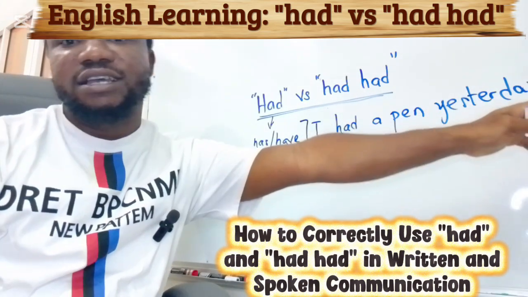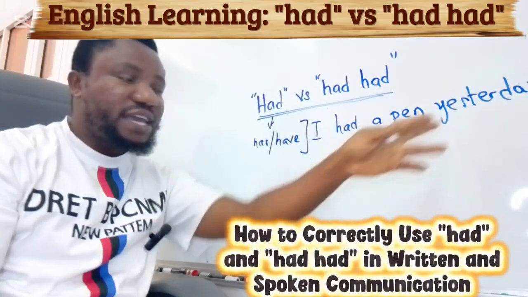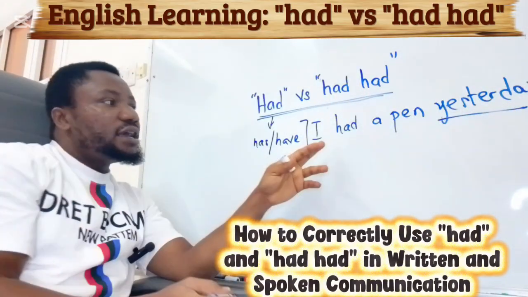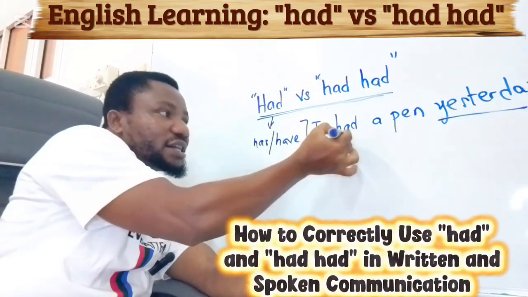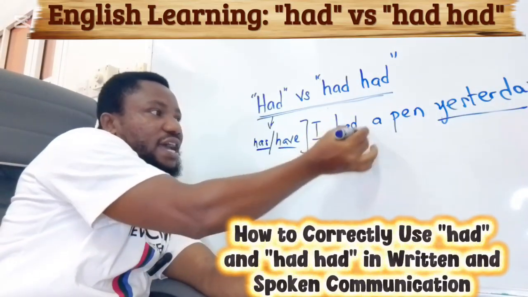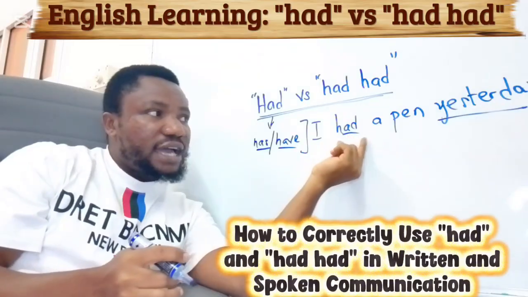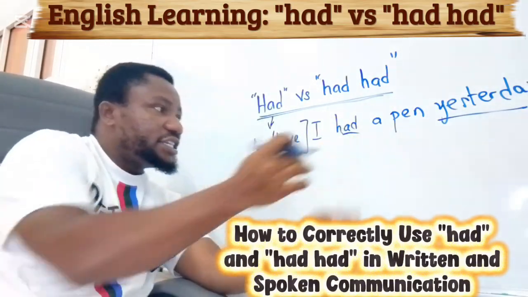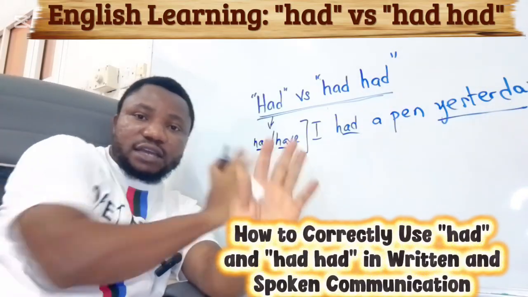Okay, I have yesterday here, in case you can see that. I had a pen yesterday. The past tense of has, have is had. Jane had a pen yesterday. John had a pen yesterday. So had is the past tense of have or has. Are we clear with that?